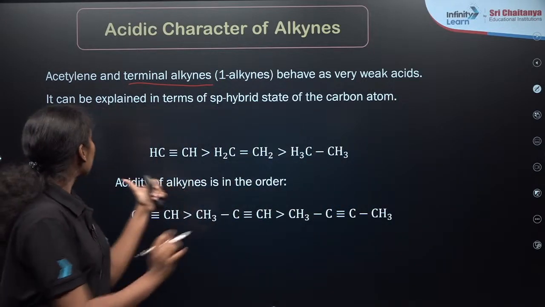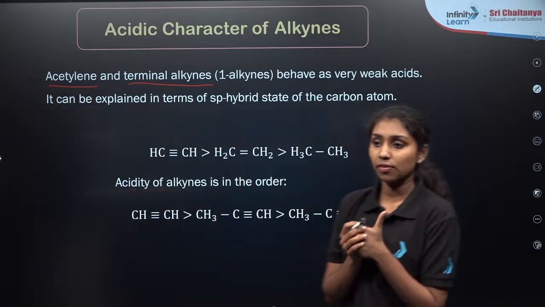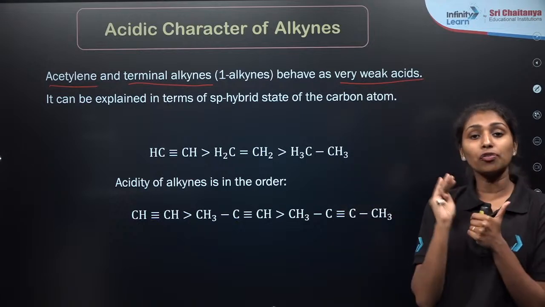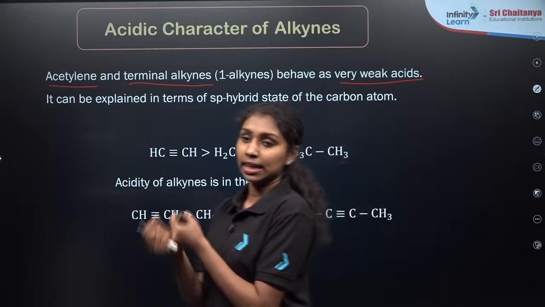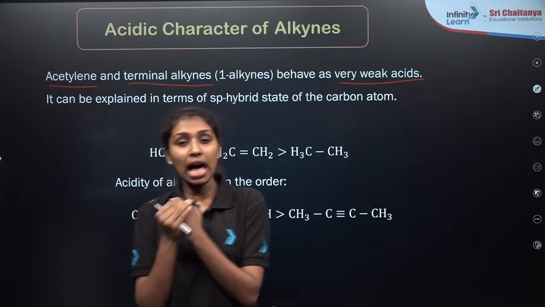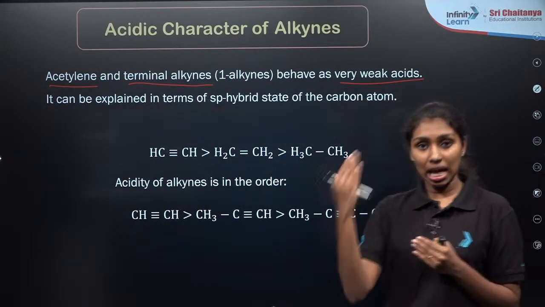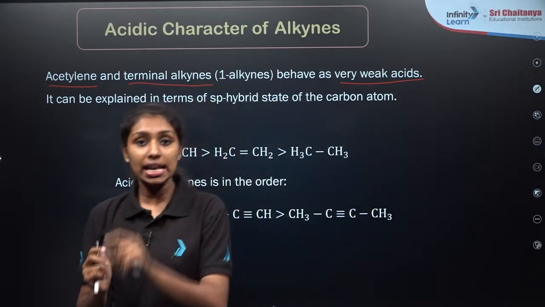These terminal alkynes and acetylene are very weak acids. Then we can represent the acidity order depending upon their hybridization or the percentage s character, right?